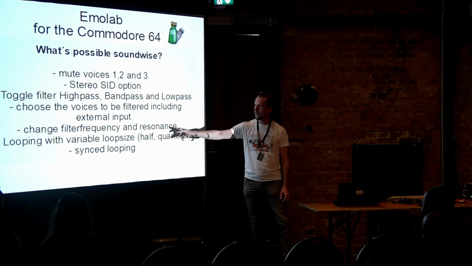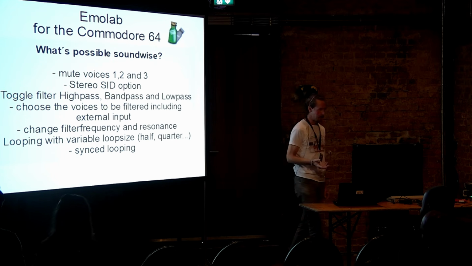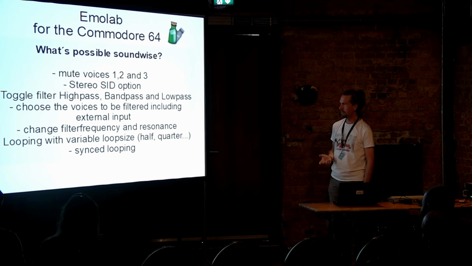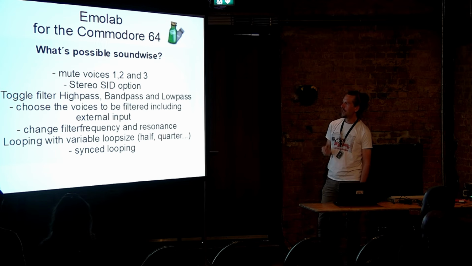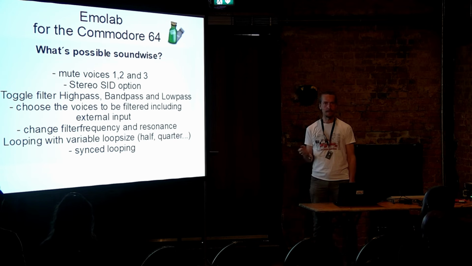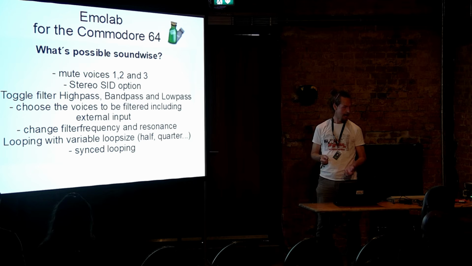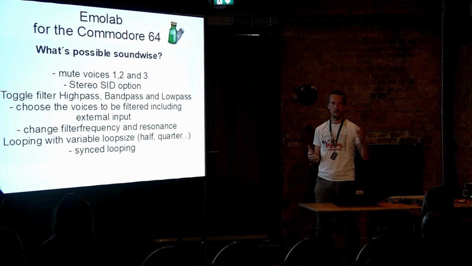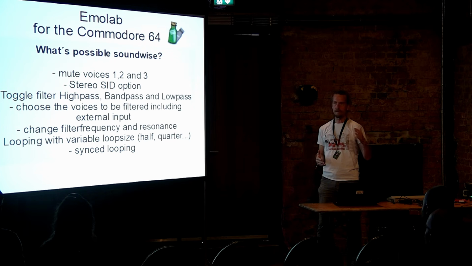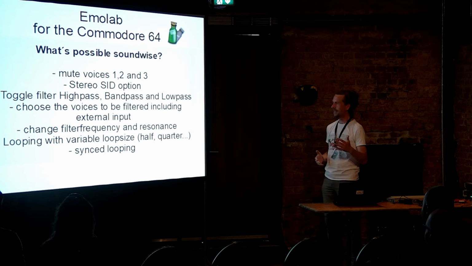This is an interesting part. I just implemented it like 1 or 2 months ago. You can change the filter frequency and the resonance, and this gives you really like the DJ feeling, if you have a low-pass filter and then you play around with the frequency where it cuts off the sound.